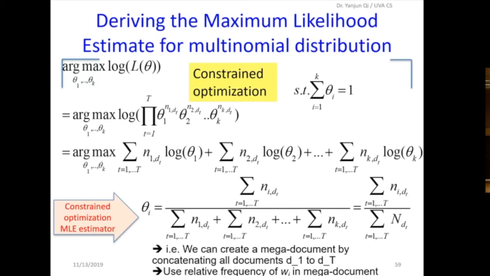You don't even need to care about those different samples. You put all the samples together and create a mega document, and then you count how many times this word appears in this mega document, divided by the length of the mega document. That is the probability theta I for that elementary event WI.